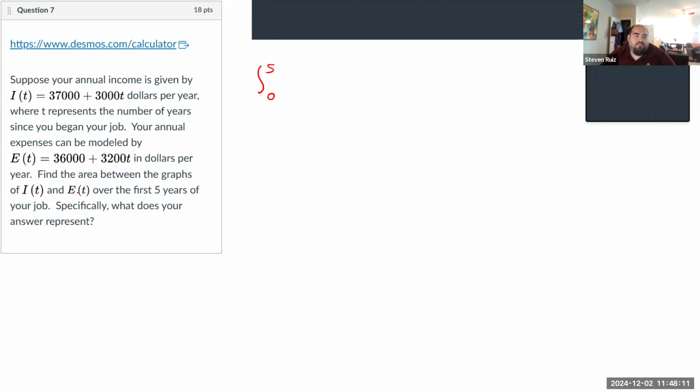It looks like the way this is written implies I minus E, but I don't think it really matters. If we get a negative number, we know how to interpret that. So this is the integral I'm basically being asked to compute. But before I do that, I think there's some simplifying that can be done.